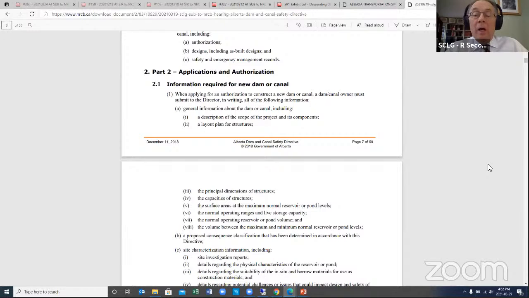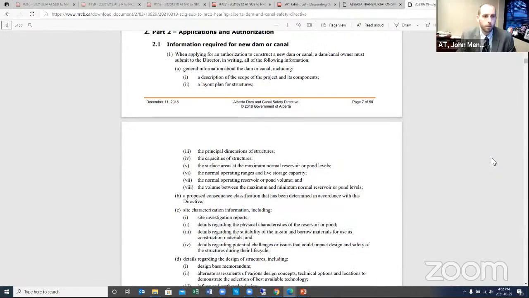Can you advise whether all of the information set out in section 2.1 has been filed with the NRCB? Sure, I'd be happy to explain that. So the answer is not everything has been filed with the NRCB or with the Dam Safety Review Board or reviewers at this time.